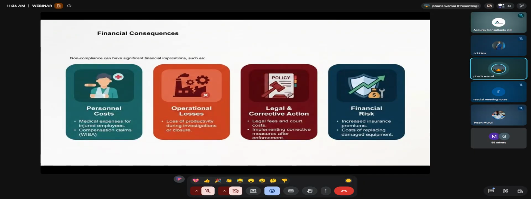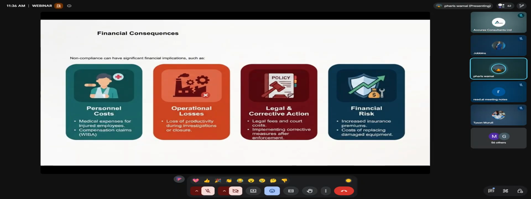We have the financial consequences. We know that the moment you are fined, for example, it obviously goes to your bottom line, which is the finances. We have the personnel costs, medical expenses for an injured person, and compensation claims for WIBA.